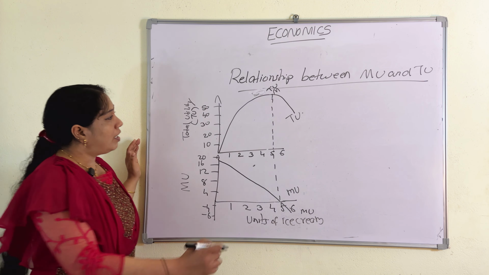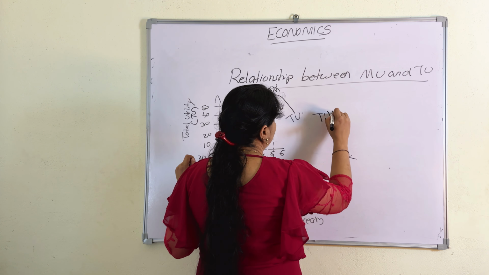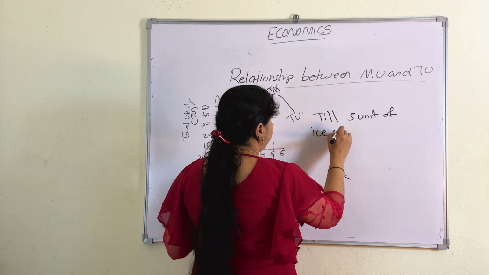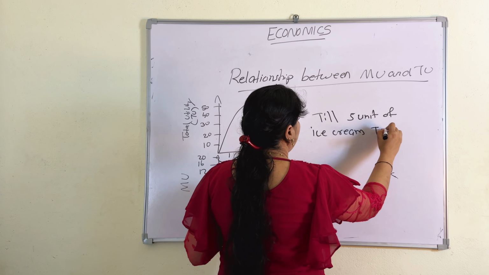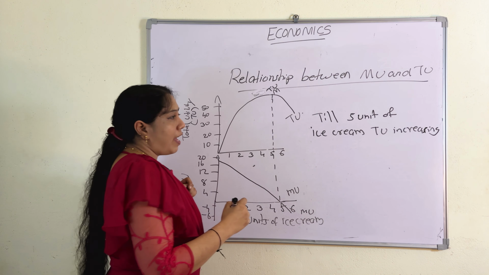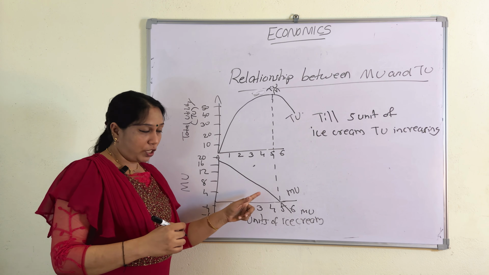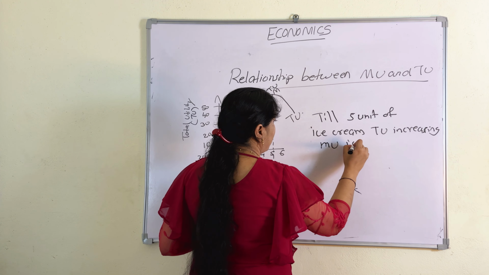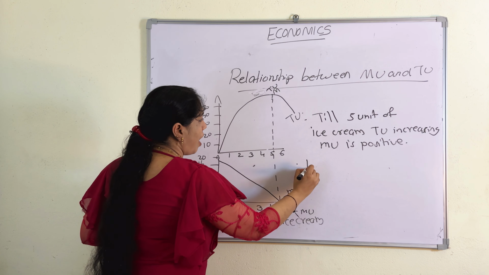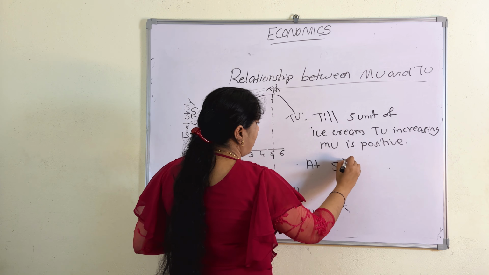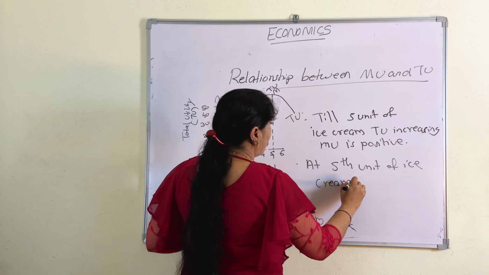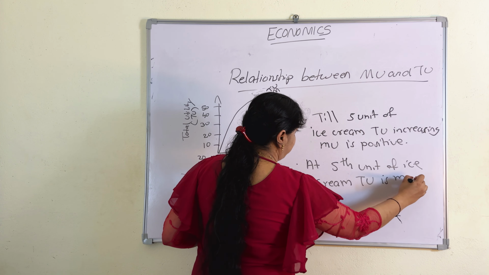Okay. Till 5 units of ice cream, total utility is increasing, so what will happen? The marginal utility is positive. Next one, at the 5th unit of ice cream, total utility is maximum.